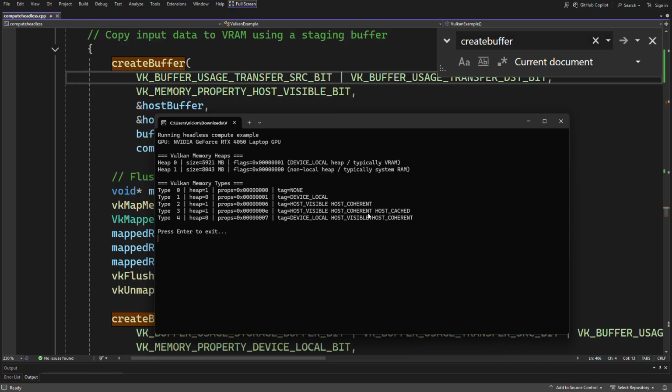So the CPU has access to this memory on the GPU, and that's probably done by bar mapped VRAM. That's type 4. So type 4 is bar mapped VRAM, where the CPU maps VRAM directly.